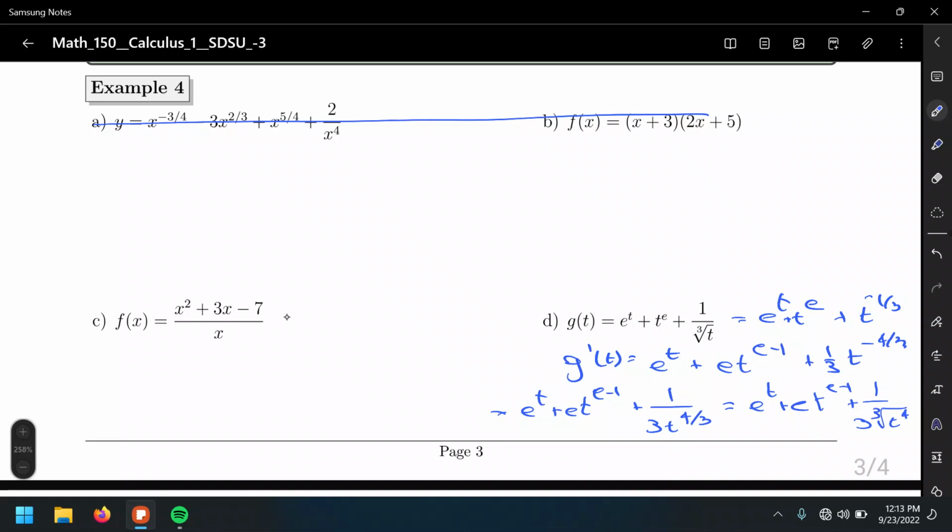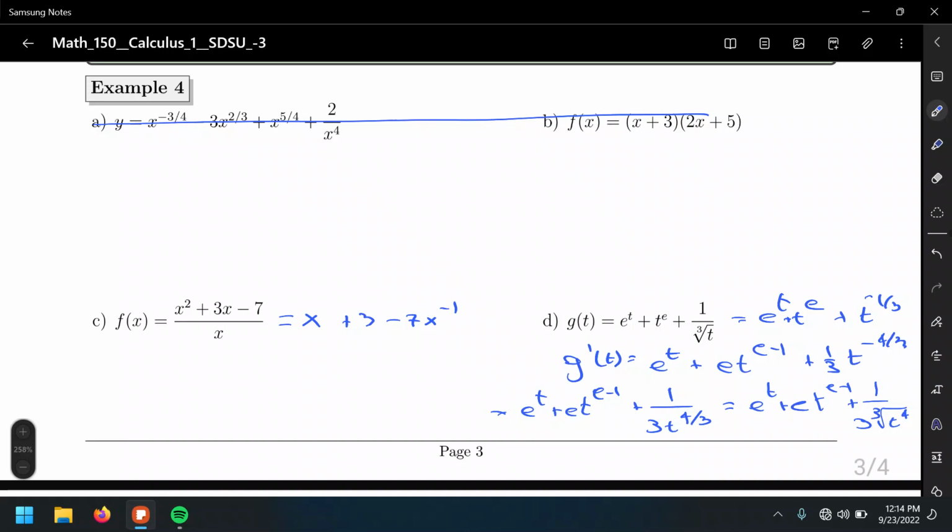In this case, what we have to do is simplify the function, do the indicated operation, that is x squared over x, which reduces to x, 3x over x, that's just 3, and negative 7 over x, but I would like to write it as x to the negative 1 so we can differentiate it.